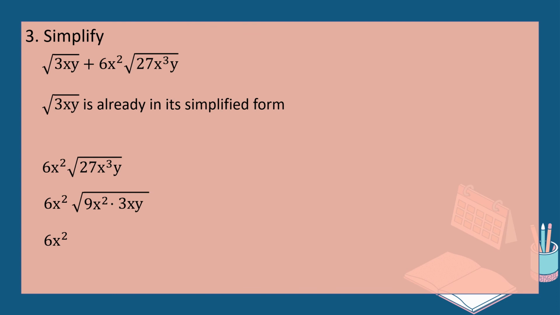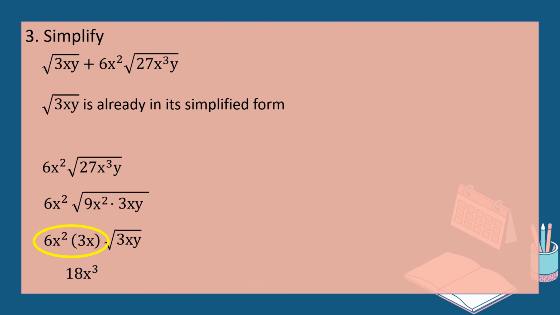We copy 6x squared times the square root of 9x squared, which is equal to 3x. Then copy square root of 3xy. We now get the product of 6x squared and 3x, and it is equal to 18x cubed.